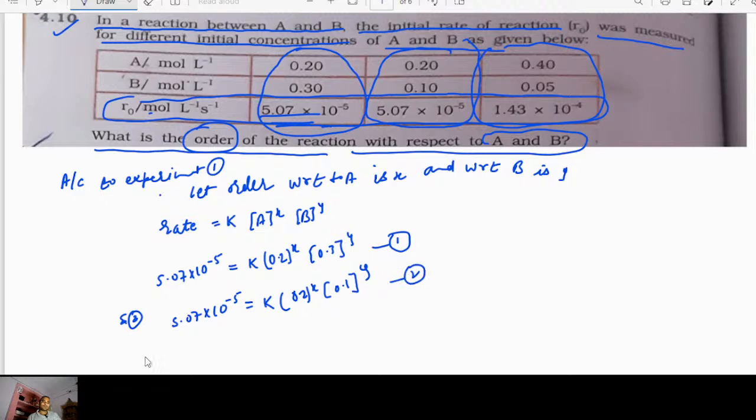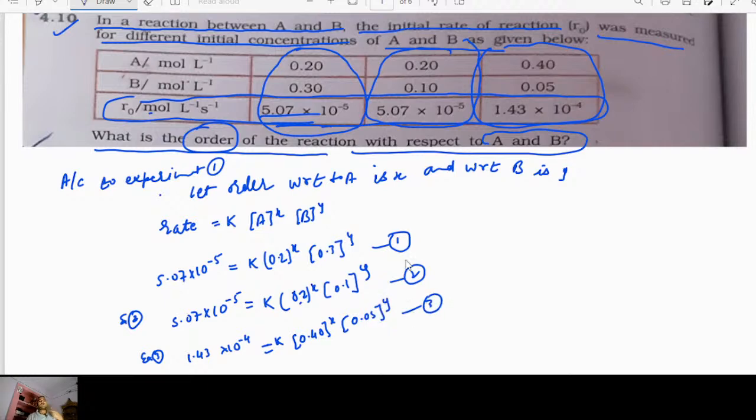Now if you see experiment 3, it is 1.43 into 10 power minus 4 equal to K. The concentration of A is 0.40, this 0.40 power x, another is 0.05 and the power will be y. So this is equation 3.